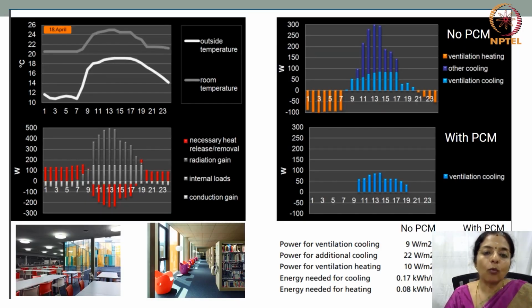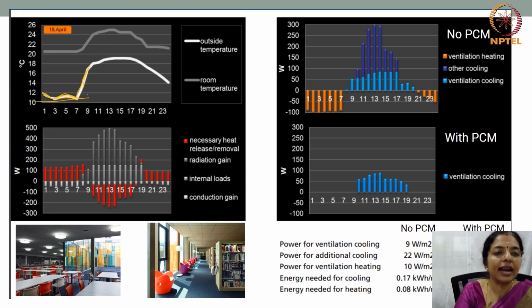So what was found in this building, when it was practically seen, is that when the outside temperature fluctuates from 10 degrees up to a maximum of 19 degrees centigrade, the room temperature is at 21 and moves maximum up to 25 degrees centigrade.